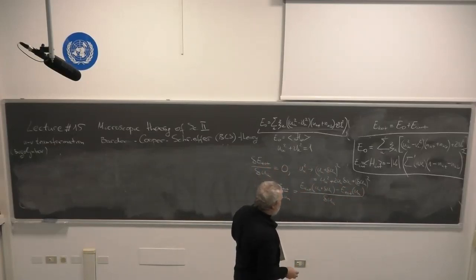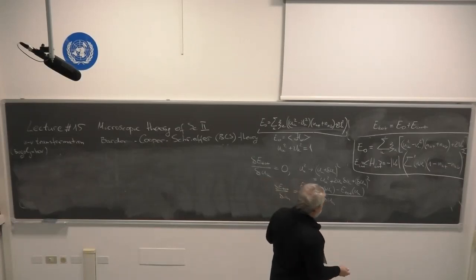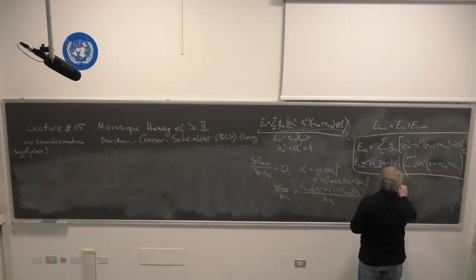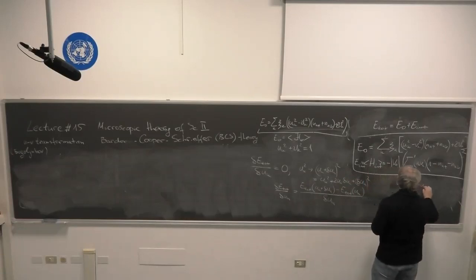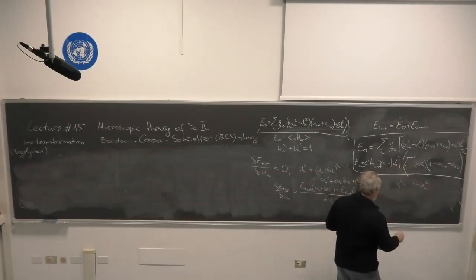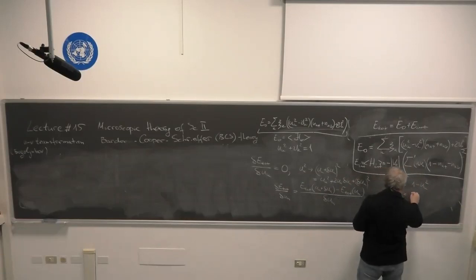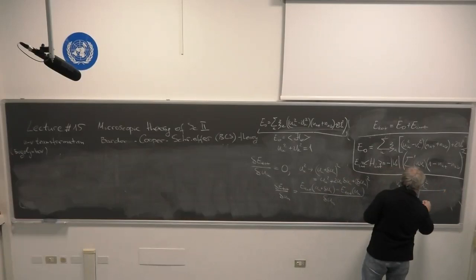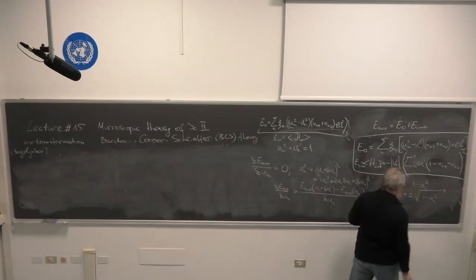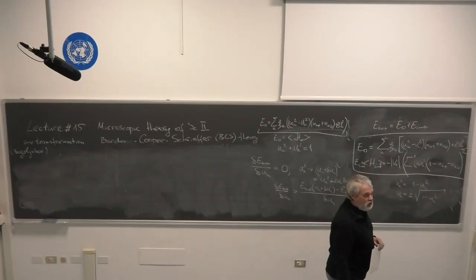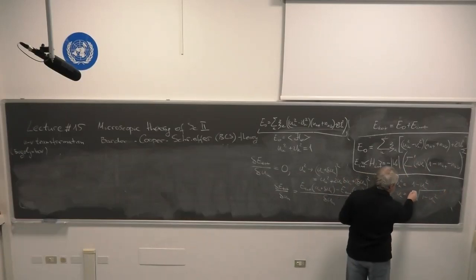But UK and VK coefficients are connected. Therefore, whenever it is possible, in order to take this derivative, I need to express V in terms of U. So VK squared is equal to 1 minus UK squared, and VK is equal to plus minus square root of 1 minus UK squared. For the purposes of my derivation, I will fix the sign of the square root. I will take the sign plus.